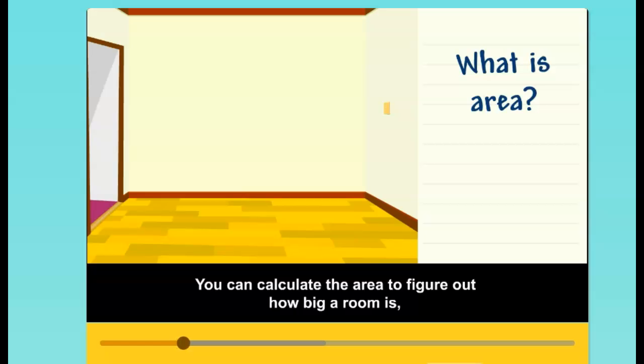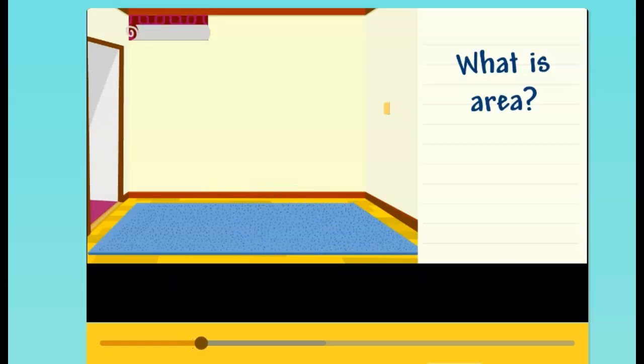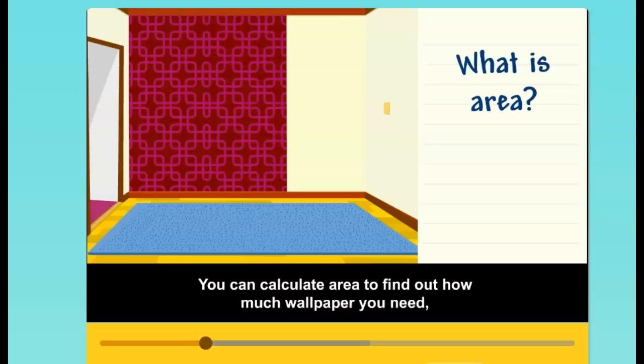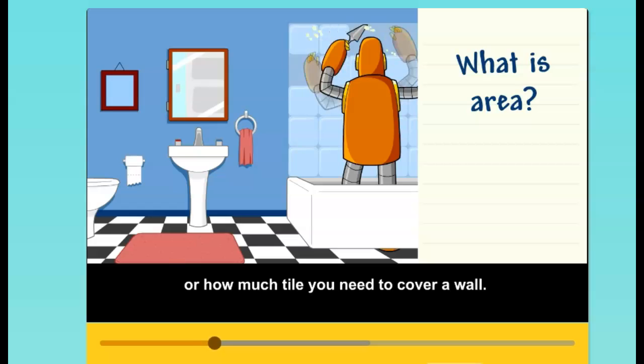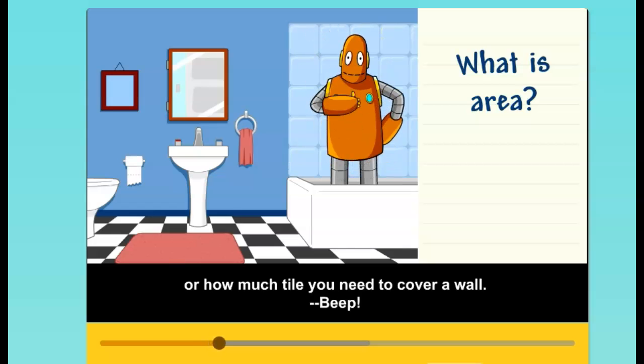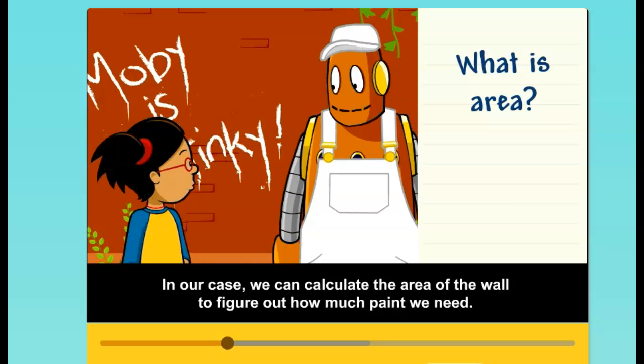You can calculate the area to figure out how big a room is, or how much carpet you need to cover a floor. You can calculate area to find out how much wallpaper you need, or how much tile you need to cover a wall. In our case, we can calculate the area of the wall to figure out how much paint we need.